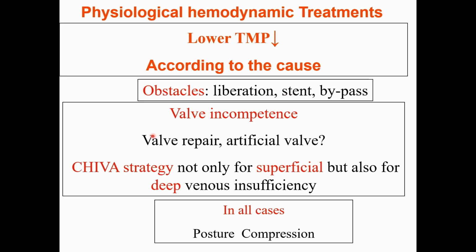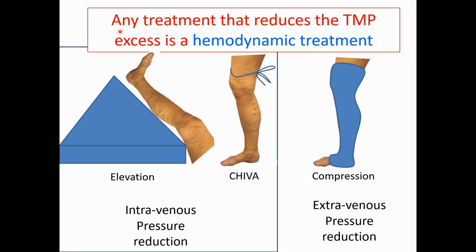Valve incompetence, valve repair, artificial valves someday, perhaps. Shiva strategy in any case, not only for superficial but also for deep venous insufficiency. In all cases, posture and compression. So any treatment that reduces the TMP excess is a hemodynamic treatment by intravenous pressure reduction like elevation and Shiva, or extravenous pressure reduction like compression.